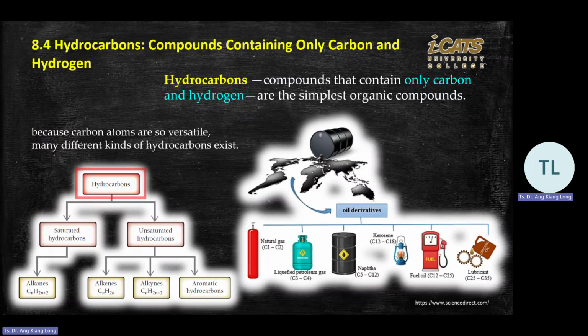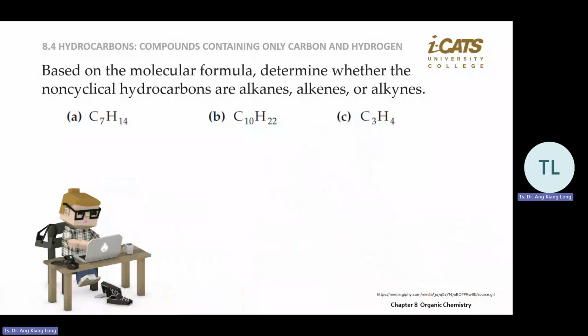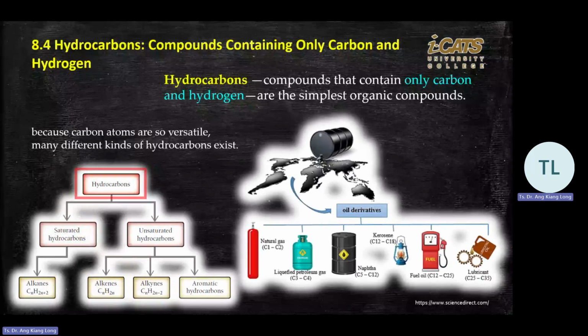This is basically mathematics. Number B, C10H22: n is 10, and to get 22 you multiply 2 by n, 20, plus 2. So 2n+2 is the first one, alkane, CnH2n+2.